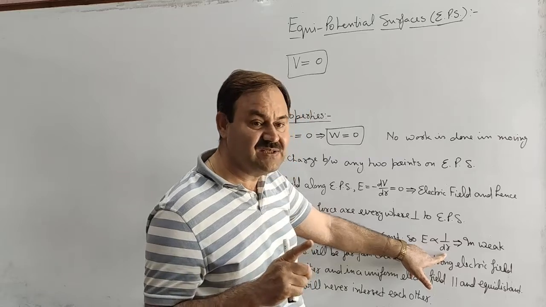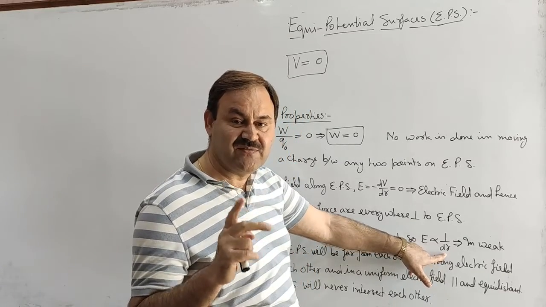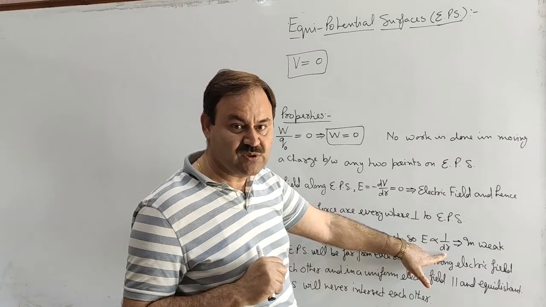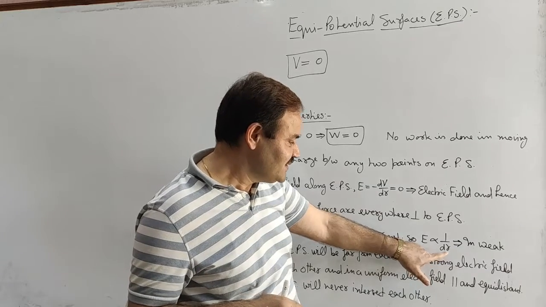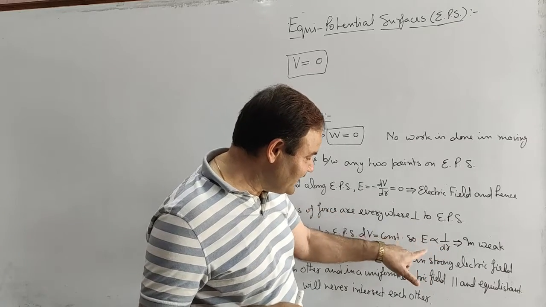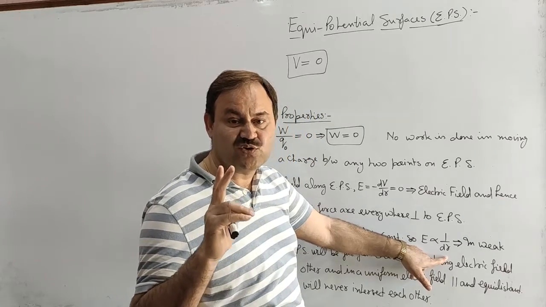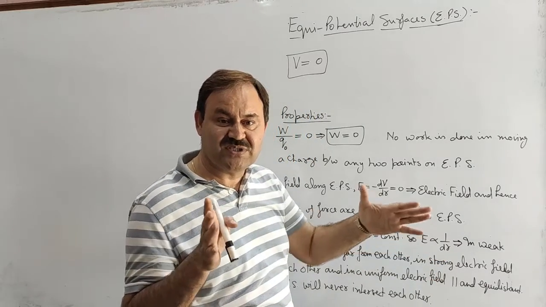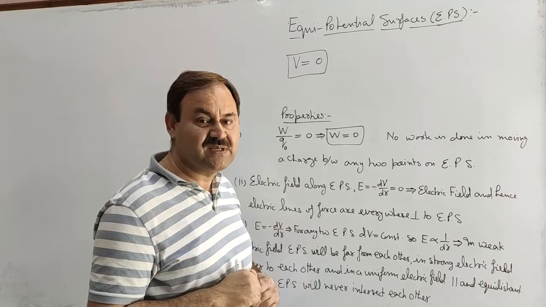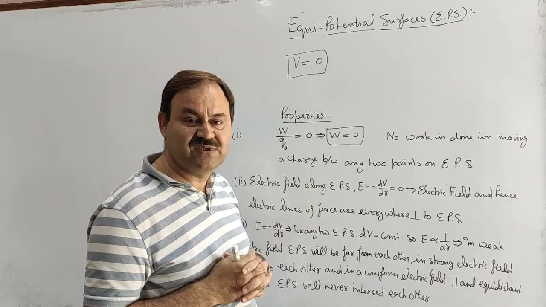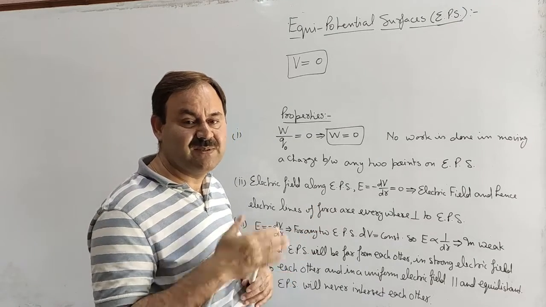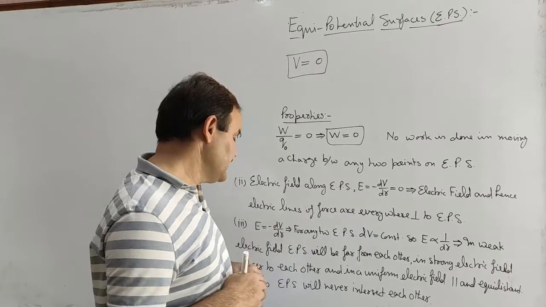Means in weak electric field the separation between equipotential surfaces will be more. In a strong electric field, if E is strong, then dr will be less. It means in strong electric field equipotential surfaces will be closer to each other, and in a uniform electric field equipotential surfaces will be parallel and equidistant.